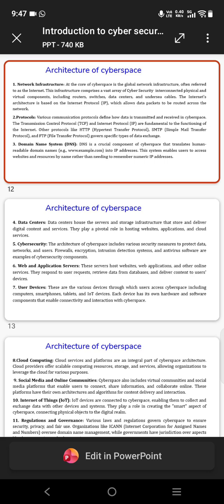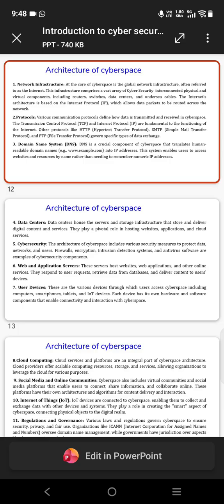network. Then the protocols. Various communication protocols define how data is transmitted and received in cyberspace. The Transmission Control Protocol and Internet Protocol.